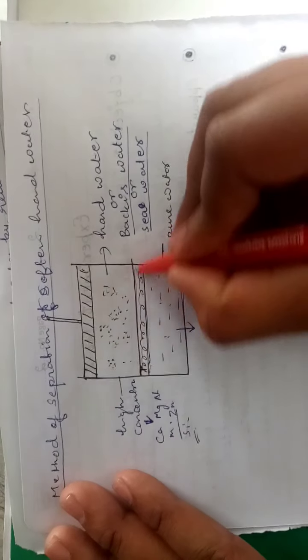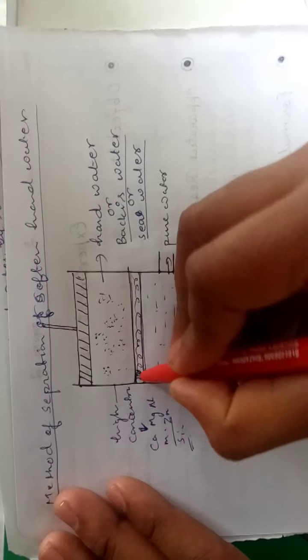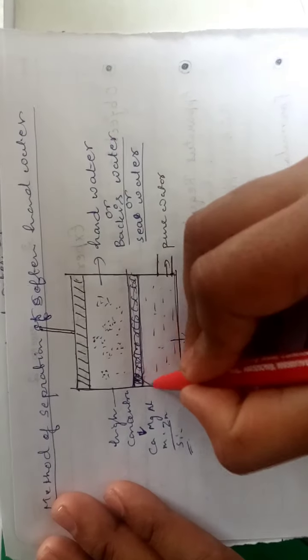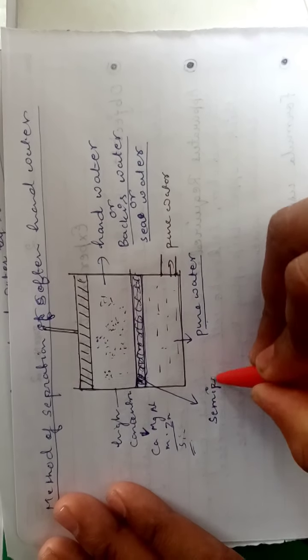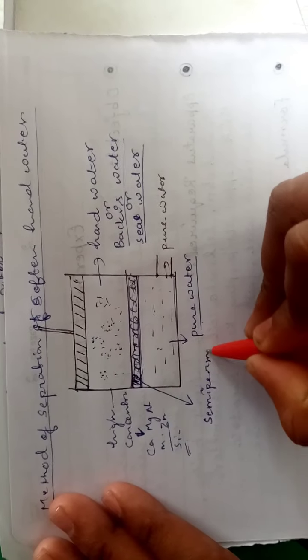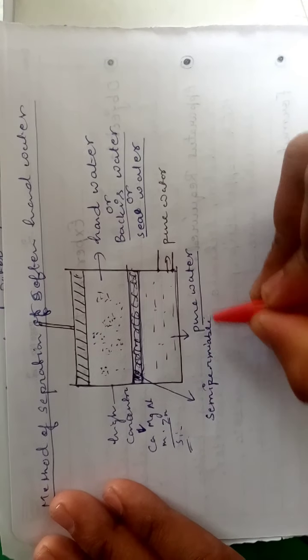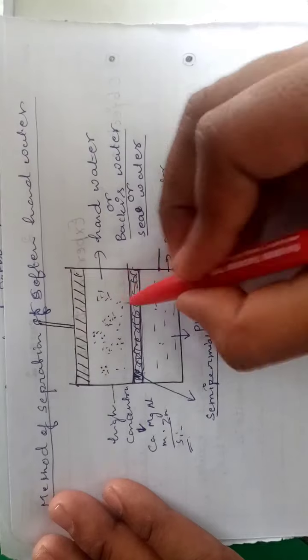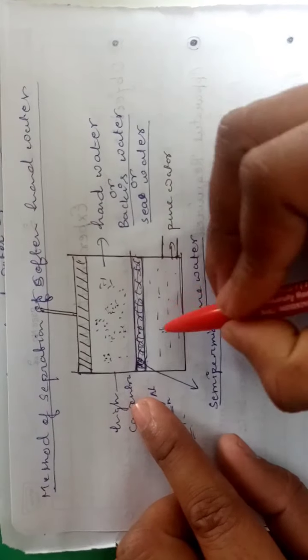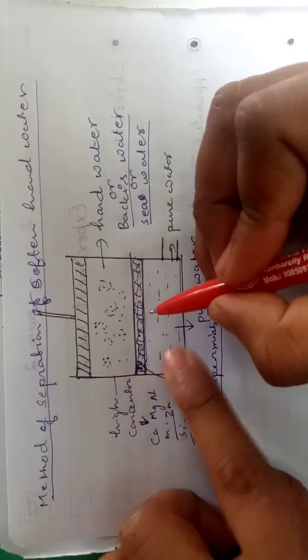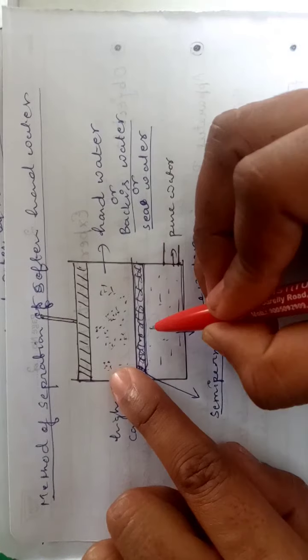These will be separated by a semi-permeable membrane, and this semi-permeable membrane only allows selective particles to move through it. Now when we set up the phenomenon like that, the liquid starts to move from low concentration to high concentration.